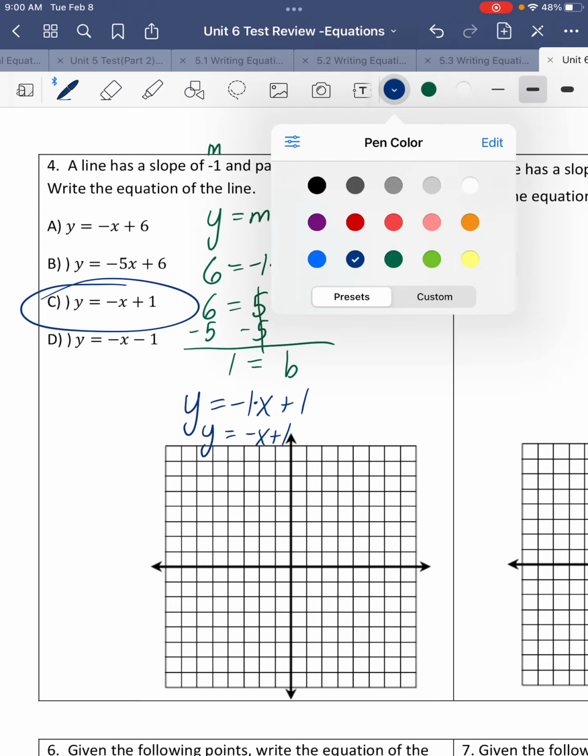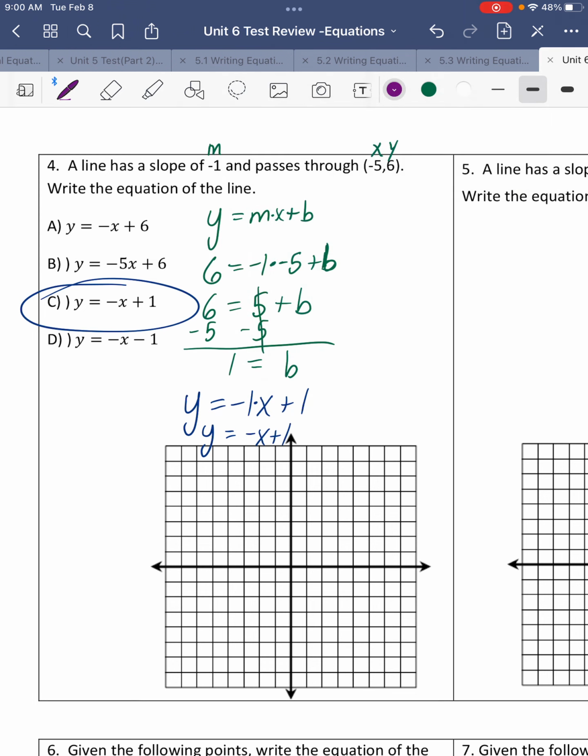If you wanted to do this on the graph, here's graphing. So if you want to do it by graphing, you're going to plot the point negative 5, 6. 1, 2, 3, 4, 5, 6. So negative 5, 6. Then we need to know the slope. The slope is negative 1. Represent that as a fraction, so put it over 1. And we're going to use that slope.